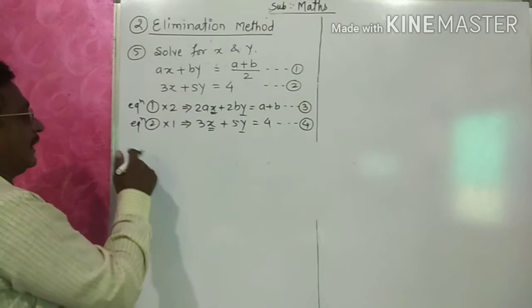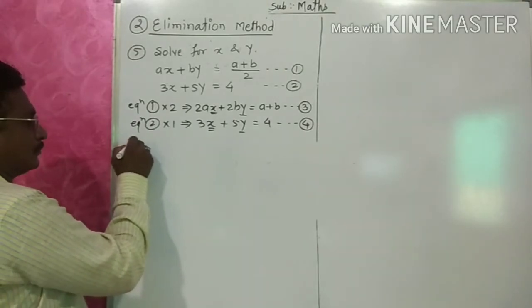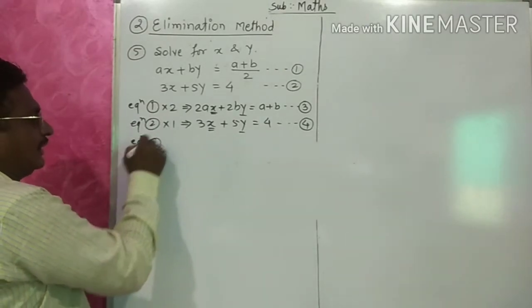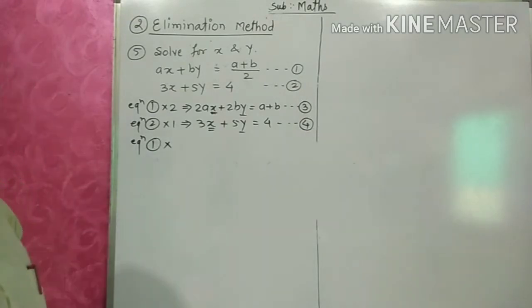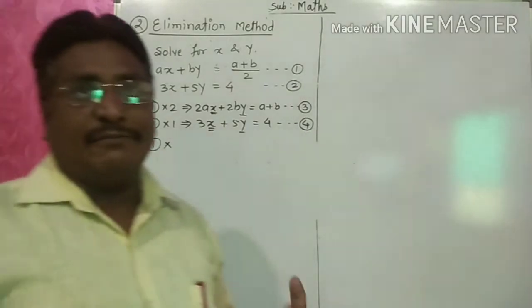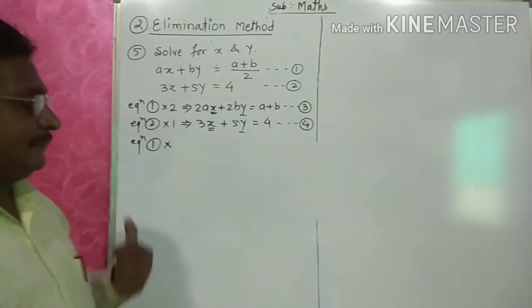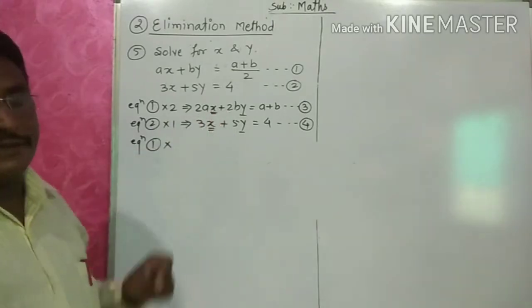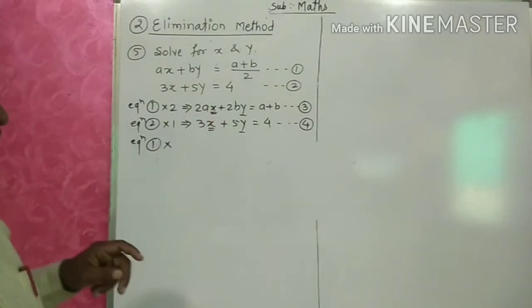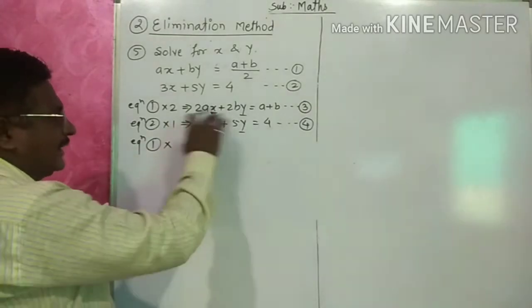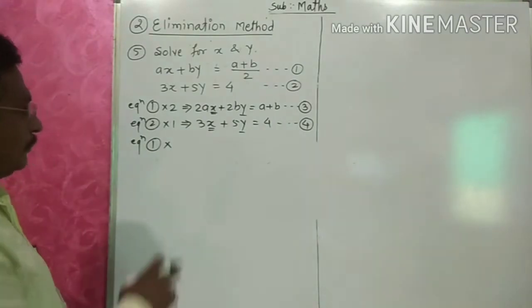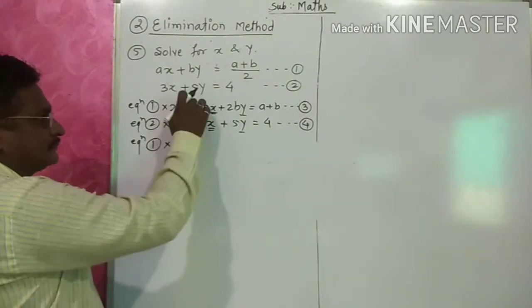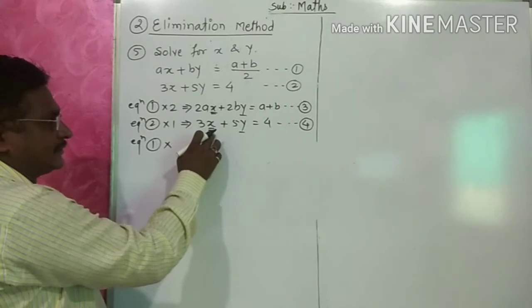Now we are solving by the elimination method. For this, we have to eliminate any one of the two variables, by bringing their coefficients equal. Here we will eliminate x.